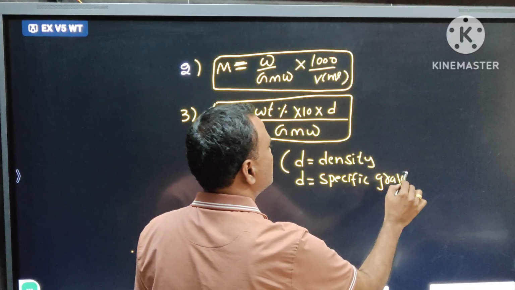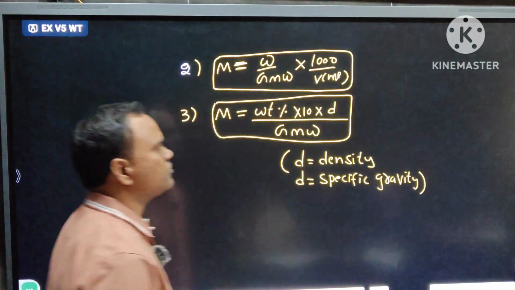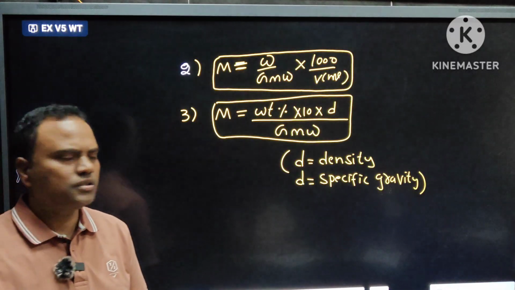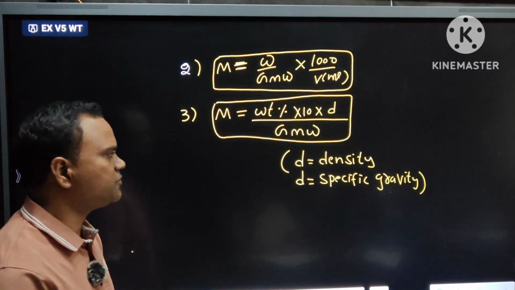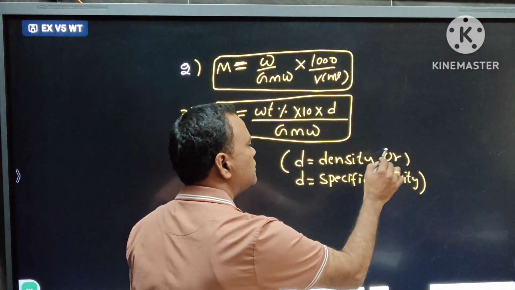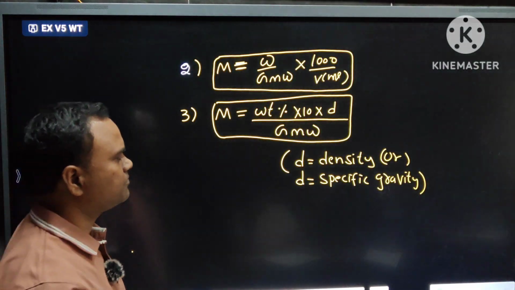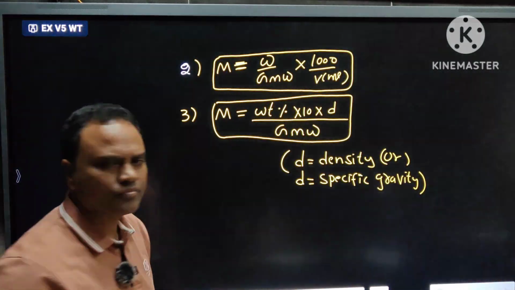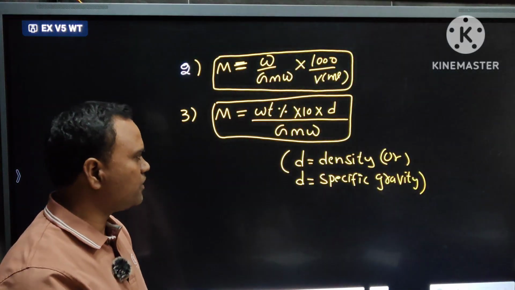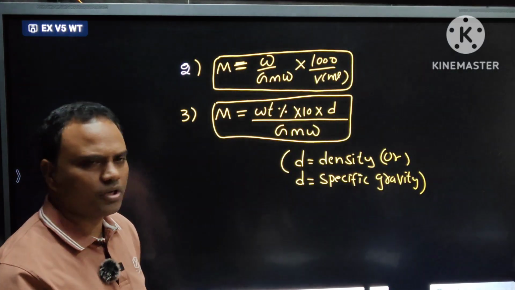If you get a specific gravity or if you get density, use the same formula. D stands for density or specific gravity. When specific gravity is given or density is given, use the same formula.